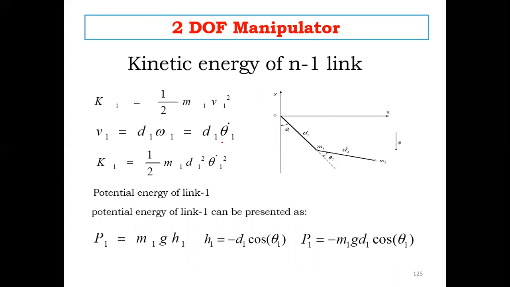Example of a 2 DOF manipulator. The kinetic energy of link 1, that is K1, is equal to 1 divided by 2 m1 v1 square. Then v1 is equal to d1 omega 1, that is d1 times the angular velocity theta dot 1. So the K1 value is half m v square, that is half m1 d1 square theta dot 1 square. Now the potential energy of the link, P1 is equal to m1 g h1.